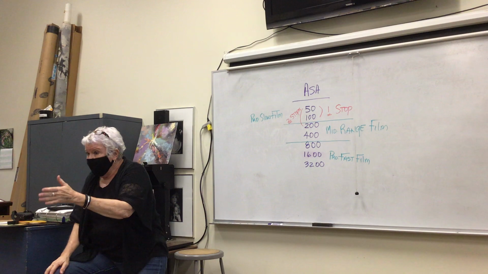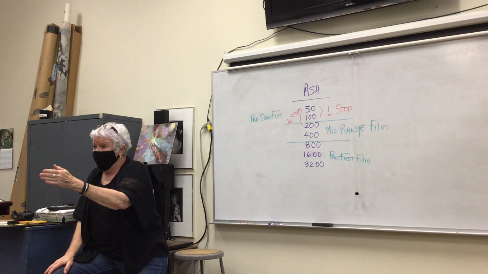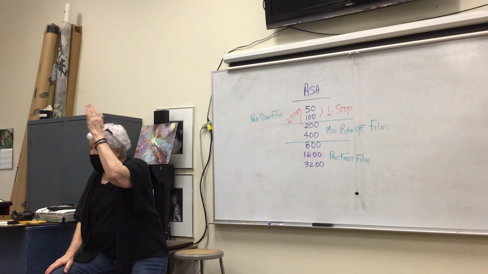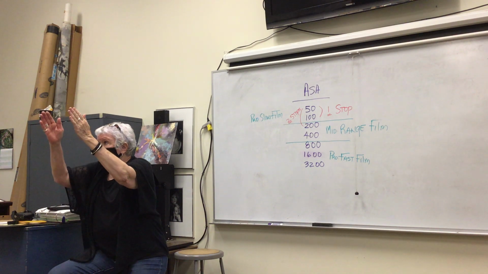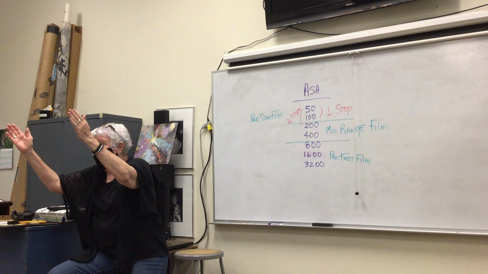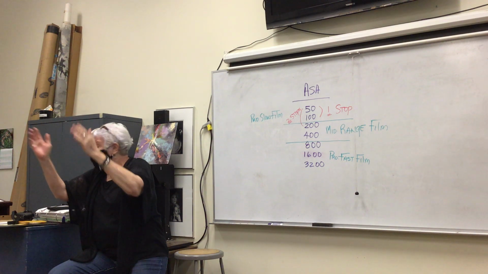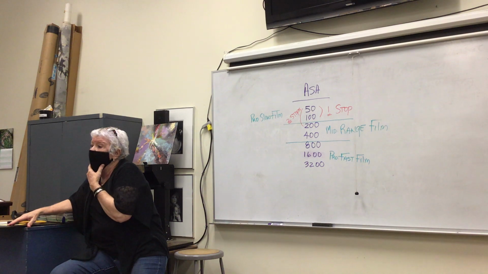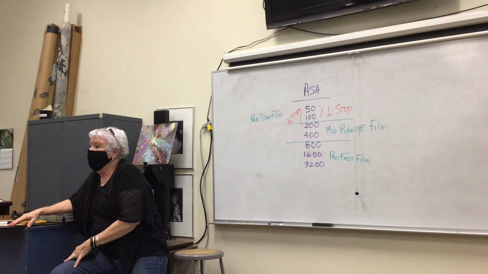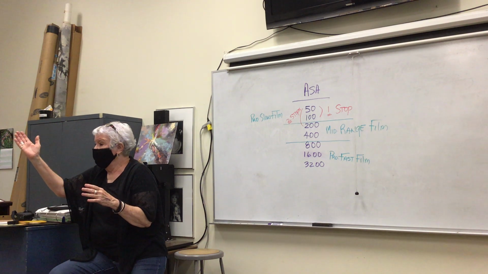So, in the summer months, the sun is more direct overhead. And in the winter months, it's gonna be down here. So, not only are we losing light, but we're gaining contrast, because it's at an angle.